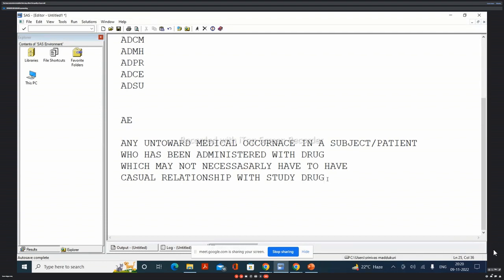And this is the definition for adverse event according to ICH guidelines. Any untoward medical occurrence in a subject or a patient who has been administered with a pharmaceutical drug, which may not necessarily have a causal relationship with a study treatment or a study drug, is called an adverse event.